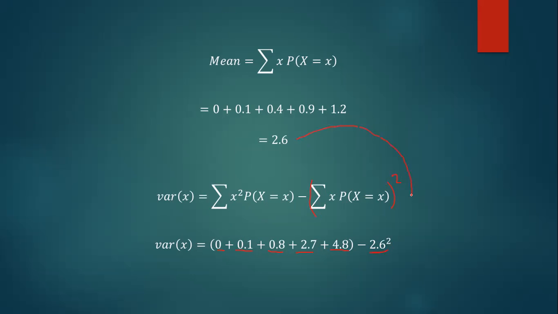So we get it from here, substitute it here, and then square it. So when we do this and substitute everything in a calculator, we are going to be able to get our variance as 1.64. So somebody with the calculator can just check to prove whether our answer is the right one.